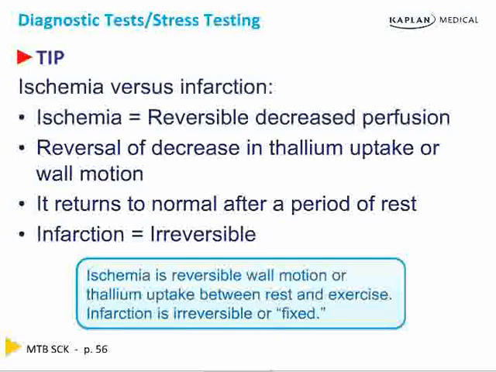What you are looking for with the stress test is the reversible changes. That is the number one thing you're looking for. That's the part you can fix because it's ischemic with exercise and normal at rest. That's the number one thing you look for. Reversible changes.